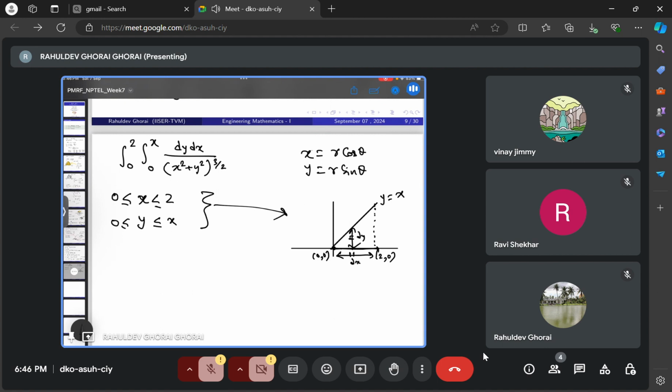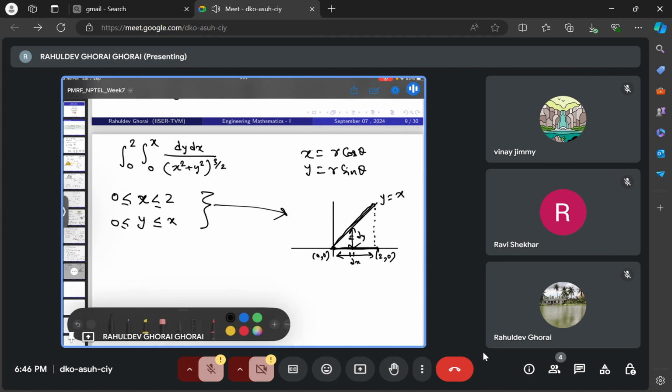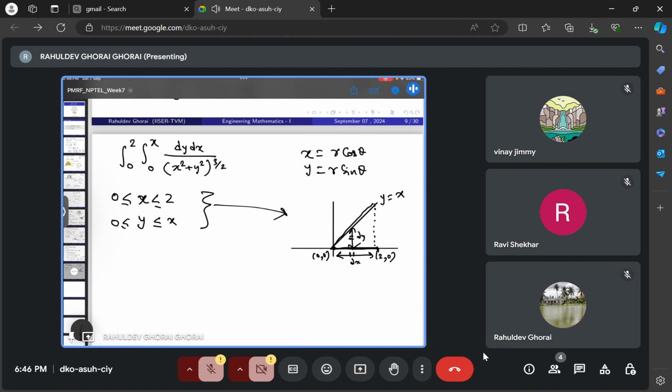First of all, theta will be from 0 to this line. This line means theta will be pi by 4, so from here to here is 0 to pi by 4. But what will be the value of r?